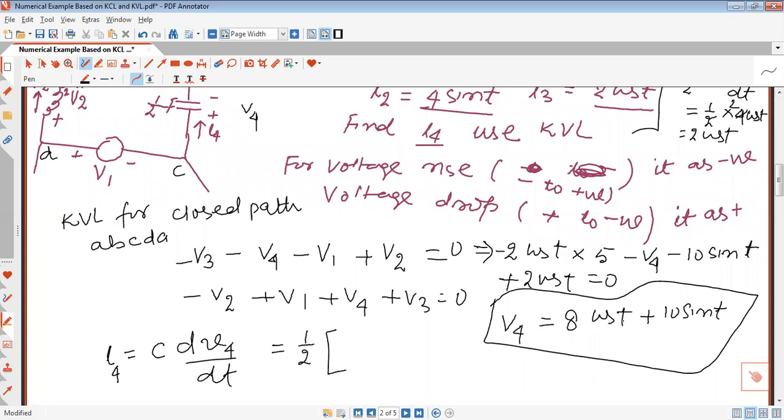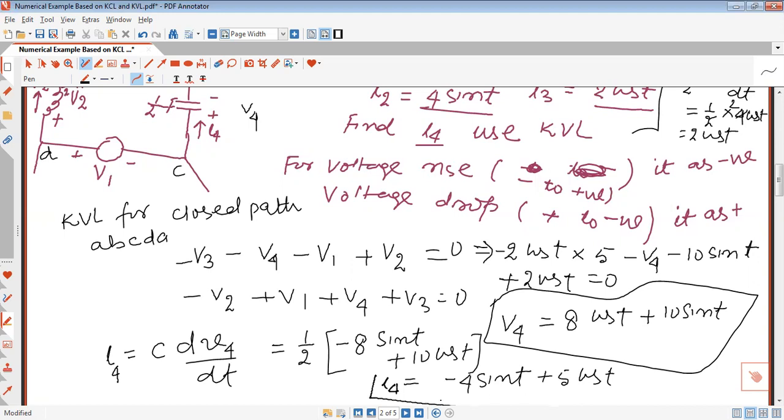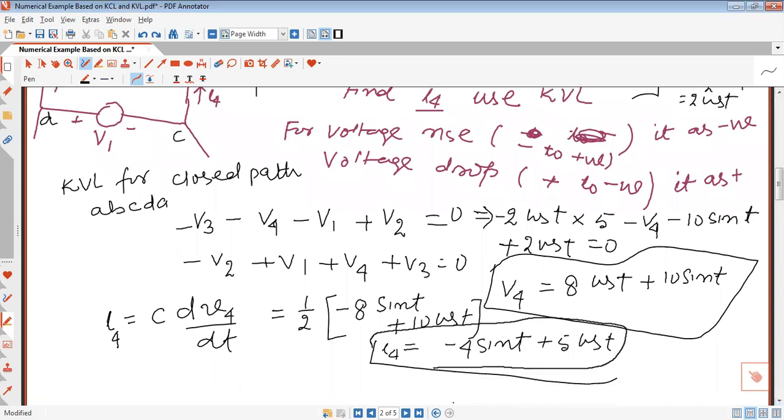After differentiation, cos differentiates to minus sine t, so it will be minus 8 sine t plus 10 cos t. If you divide by 2, it will come 4 sine t plus 5 cos t. So this is the value of current in the capacitor using the Kirchhoff voltage rule.